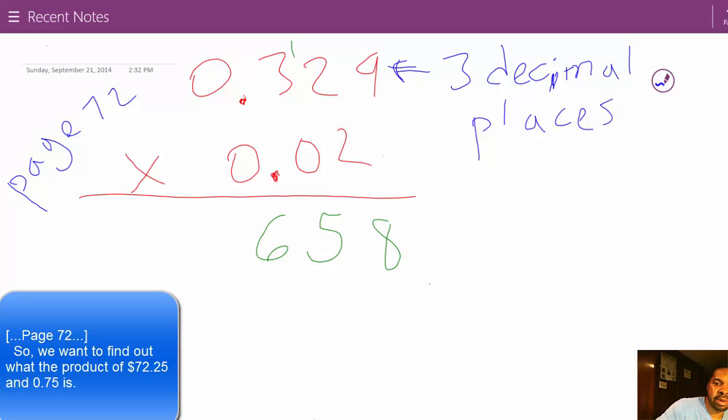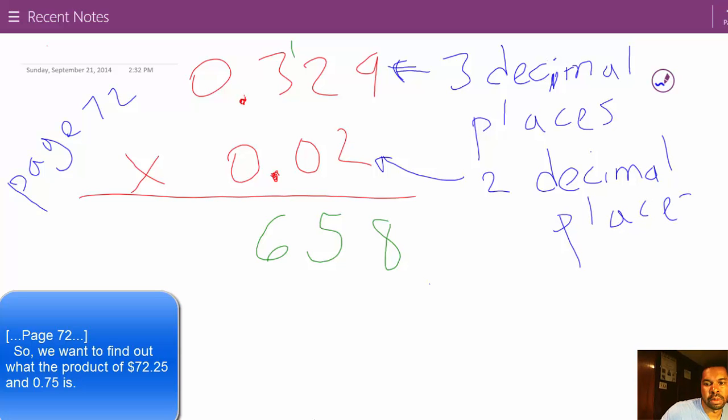And here we have 2 decimal places also. Okay, and when we add those, that gives us 5 decimal places.